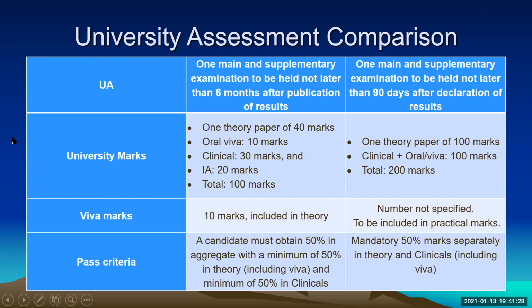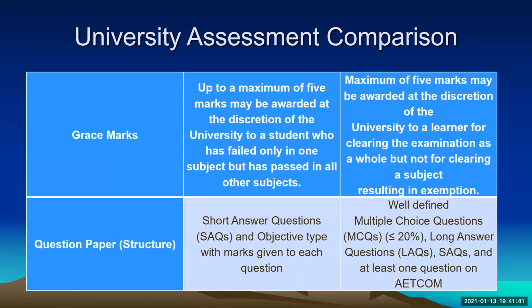Okay, so these are some of the changes in the GMER 1997 and GMER 2019 with respect to the internal and the university assessment. Continuing with the university assessment, regarding the grace marks, in the older curriculum it was mentioned that a student can get a maximum of 5 marks at the discretion of the university who has failed only in one subject but has passed in all other subjects.